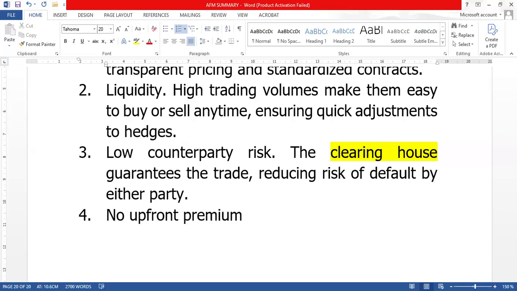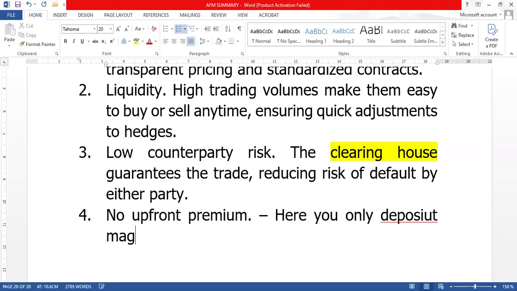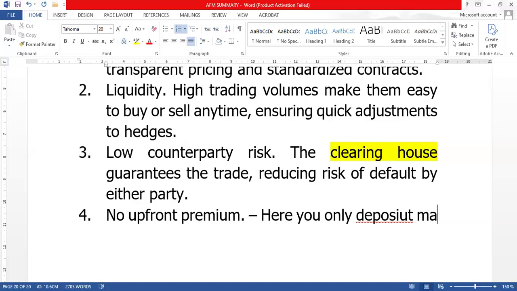Unlike options where you pay premiums at the start, here you only deposit margins, which are a bit cheaper than the premiums.